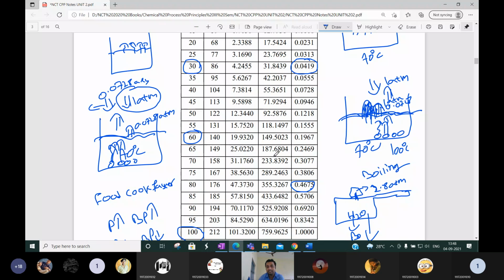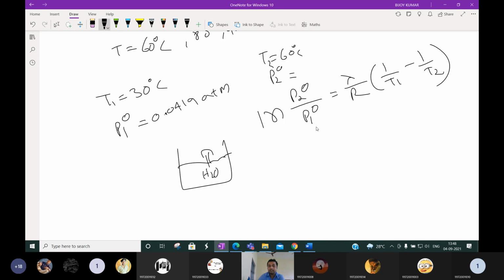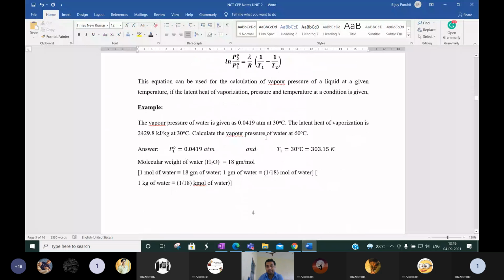The table mentions 0.19 at 60 degrees centigrade, but let us prove it. The formula we use is ln of P20 over P10 equals lambda by R times (1 by T1 minus 1 by T2). P20 we have to determine, P10 is 0.0419. Lambda is the latent heat of vaporization, which you can find on the internet.